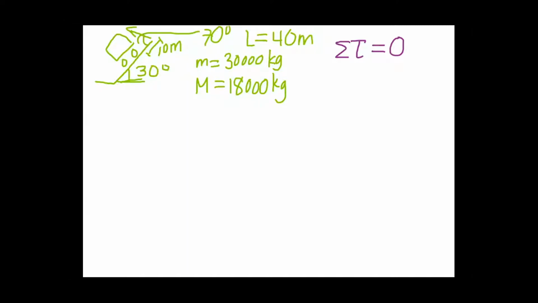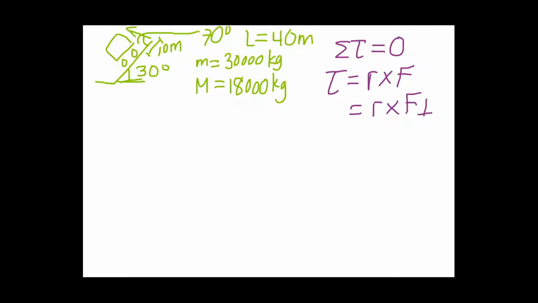We also know that our torque equation is our radius cross product with our force. It can also be considered our radius times our force that is perpendicular to the radius. So we can talk about that a little bit more when we calculate. And yeah, so those are the concepts that are important.